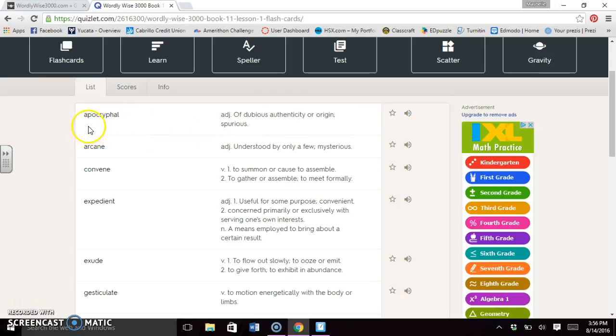Okay, first word, apocryphal. Apocryphal. Noticing it is an adjective, so remembering adjectives describe nouns, pronouns, and other adjectives. Of dubious authenticity or origin, or something that is spurious. So we automatically already start with a word that's a little weird, but the idea is that it's not authentic in its origin.